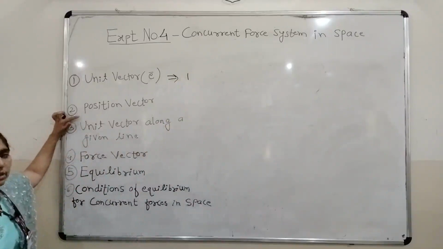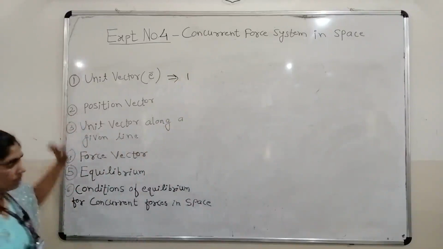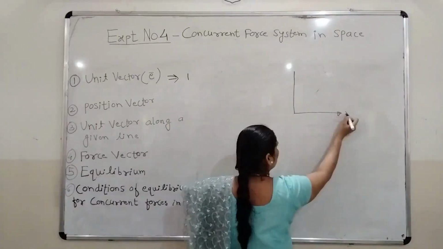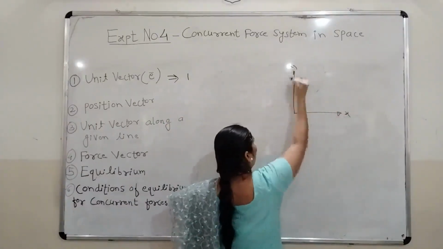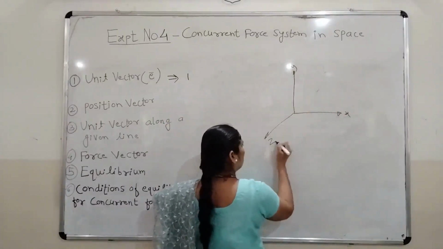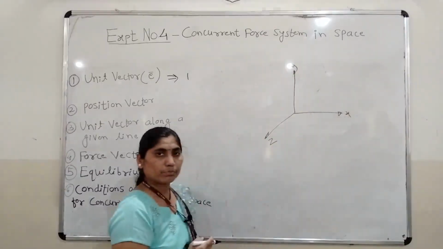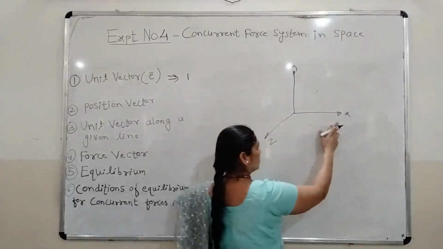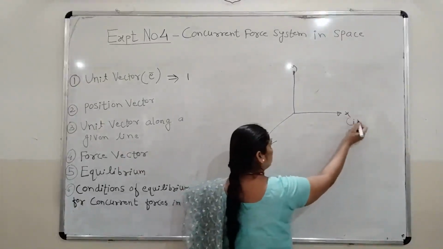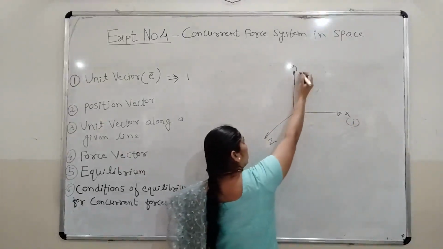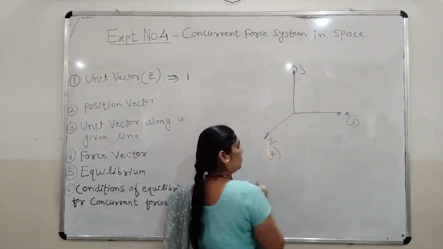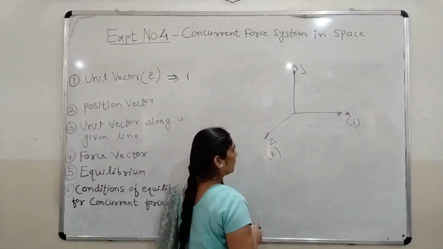Now how to find out the position vector? Suppose this is given your x, y and z coordinate system. Let us consider along x-axis a i unit vector is acting, along y j unit vector and along z a k unit vector is there.